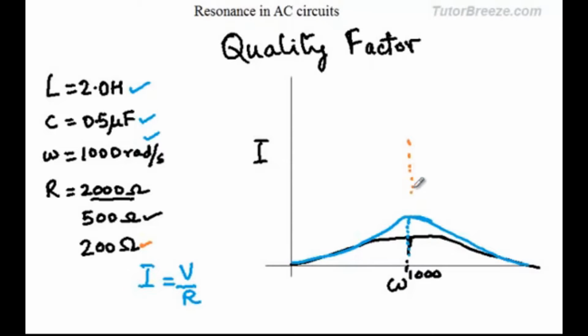So now if we draw a graph, once again at very low and very high frequencies, the value of the current is very low, and at resonance the value of the current is maximum. So this is when, let's say, the resistance is 200 ohms, and this is when the resistance is 500 ohms, and this is the case when the resistance is 2000 ohms.